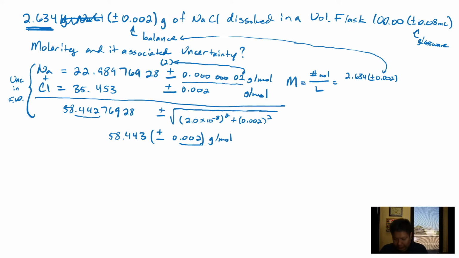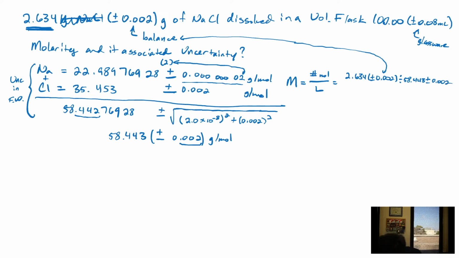And then how do we always get the number of moles? Well, you just divide by the molecular weight. Sorry, formula weight. So divide by the formula weight. That's the division symbol right there. And the formula weight was 58.443 plus or minus 0.002.